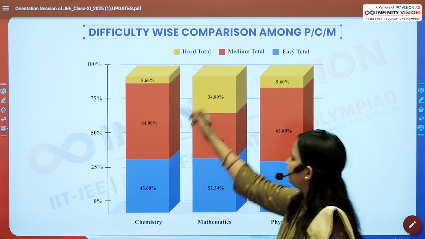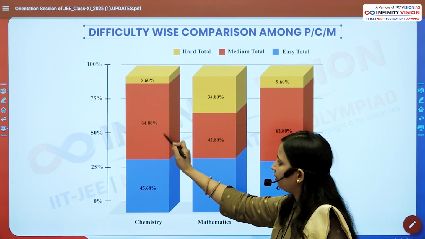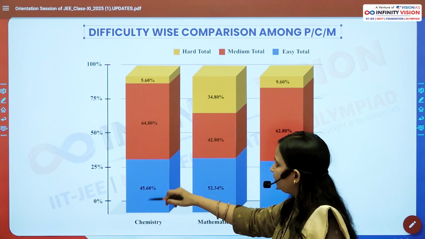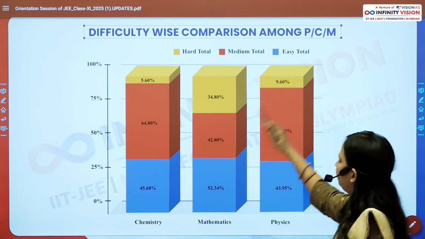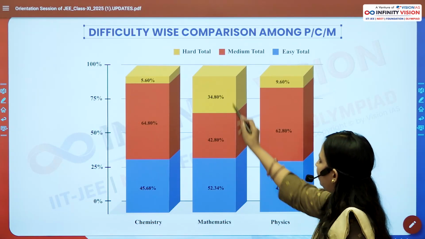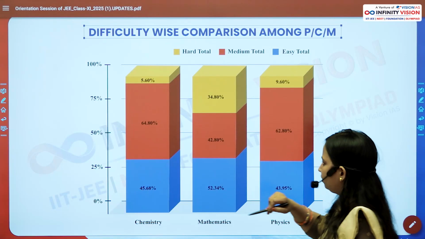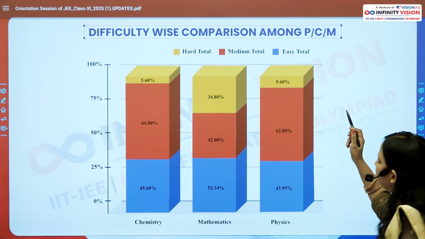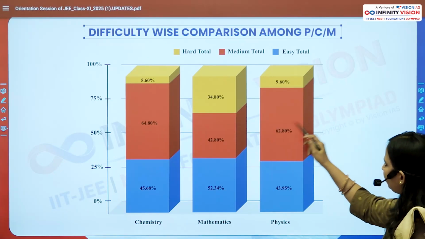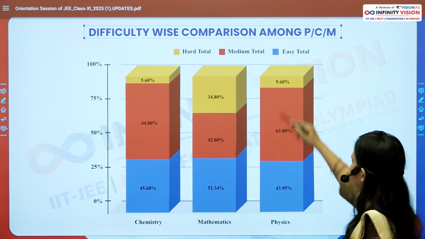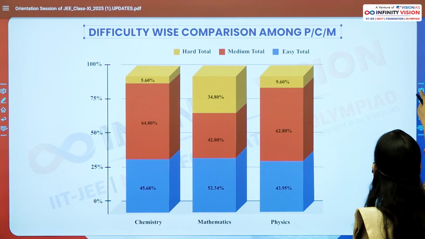In chemistry, mostly the moderate questions are higher in number, followed by easy questions, and then the hard ones very few. For mathematics, the hard part is quite large, moderate, and the easier part is also large. In physics, moderate is high, followed by easy, and then difficult questions.